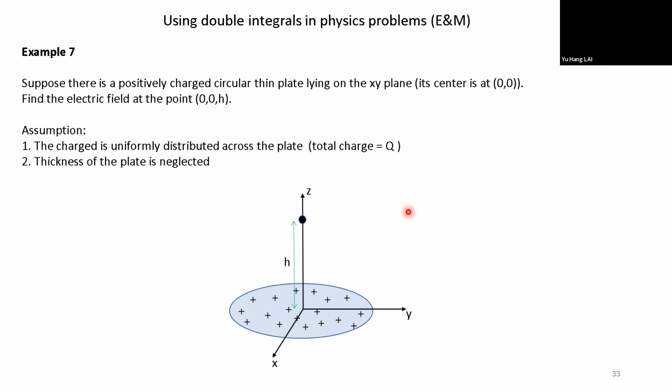So what I consider is the following. I have a circular plate. Again, I'm just ignoring the thickness of this plate. This circular plate is positively charged, lying on the XY plane, and centered at 0, 0. Suppose I am here, at a vertical distance h above the plane of this plate.